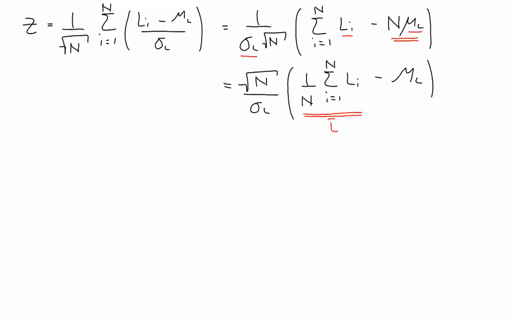I just dropped my pen. Sorry about that, folks. So I get this as my next step. All right. That is my random variable z, my normalized random variable z.